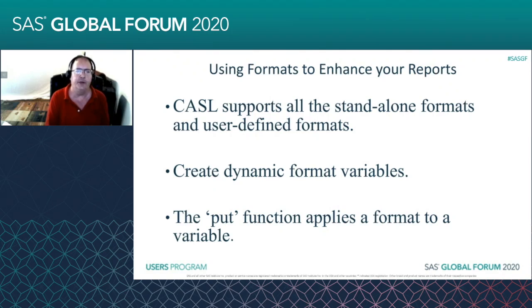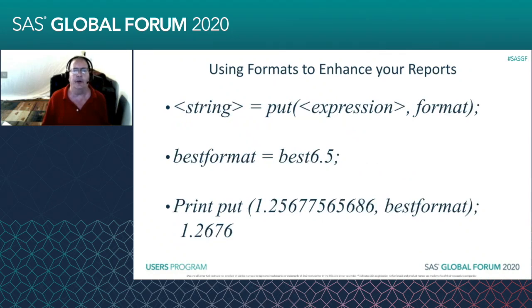One of the other things we need to do is really allow you to format data. CASL does support all the standalone formats. We also allow you to create dynamic formats through dynamic format variables, and we provide the put operation. Let's take a look at that. So here's a put operation. You give it an expression, whatever expression you want, and a format.